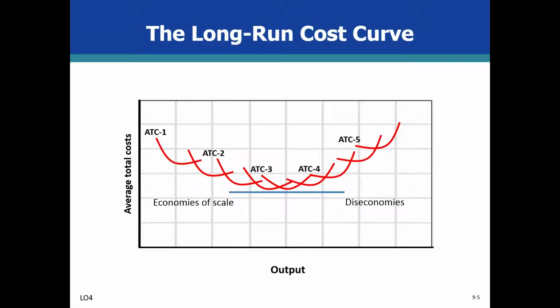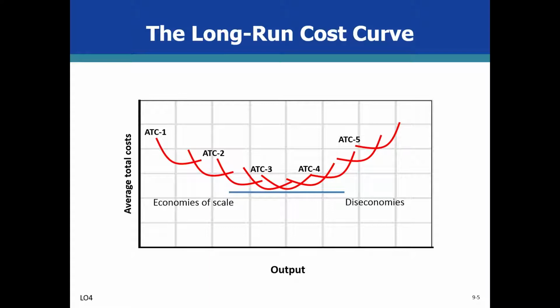We can say this firm has continued to achieve economies of scale up to the blue line at average total cost 3. So I've drawn a blue line here, representing that they've got to the low point. Stated differently, continued increases in fixed cost have decreased the average total cost through the low point at average total cost 3.